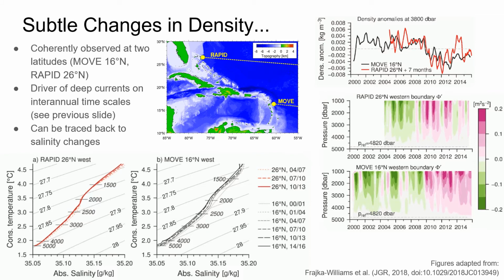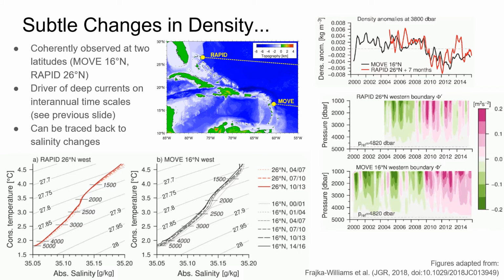The different lines in the panels are 3-year averages from the mooring observations, with more recent years darker. We see that over the years, the TS relationship throughout the entire NADW range has shifted up and left, that is lighter, and this is observed consistently at both latitudes.